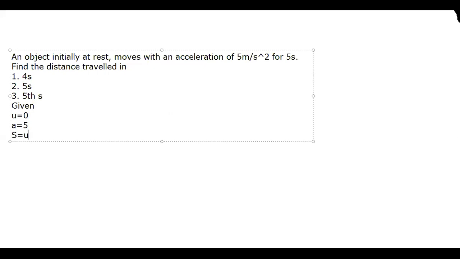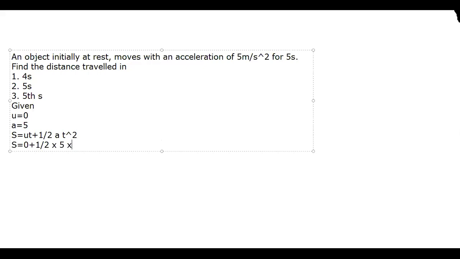s is equal to ut plus half at square. Okay, so s is how much? Initial velocity is 0 plus half. Acceleration is how much? 5. So 5 into 4 seconds. Yes, the first part we are doing.